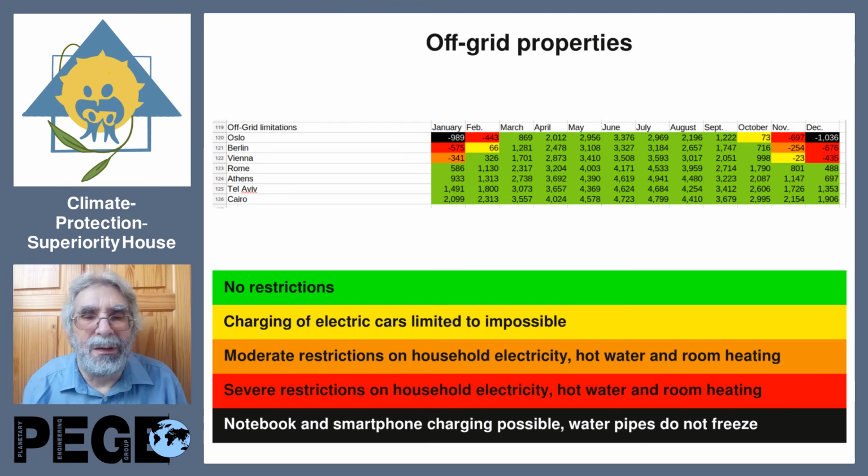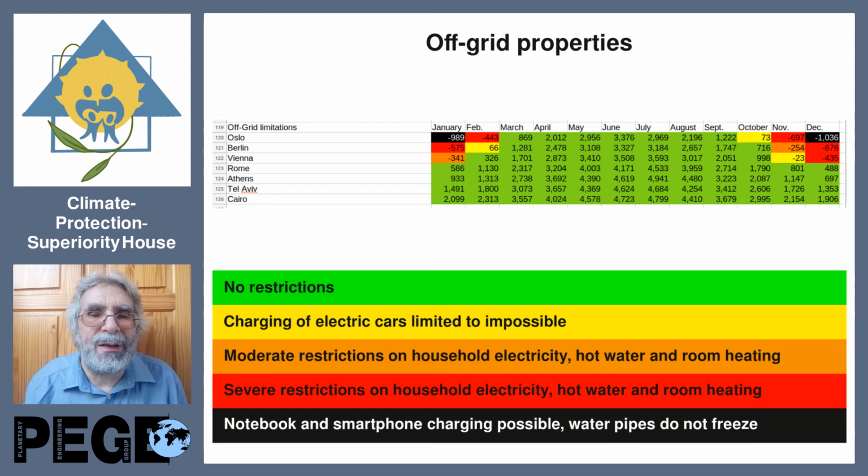Green means here no restrictions. Yellow means limited possibility to charge electric cars. Orange, moderate restrictions on household electricity, hot water and room heating. Red means severe restrictions. And black, oh, you can charge your notebook and smartphone, and the water pipes will not freeze.